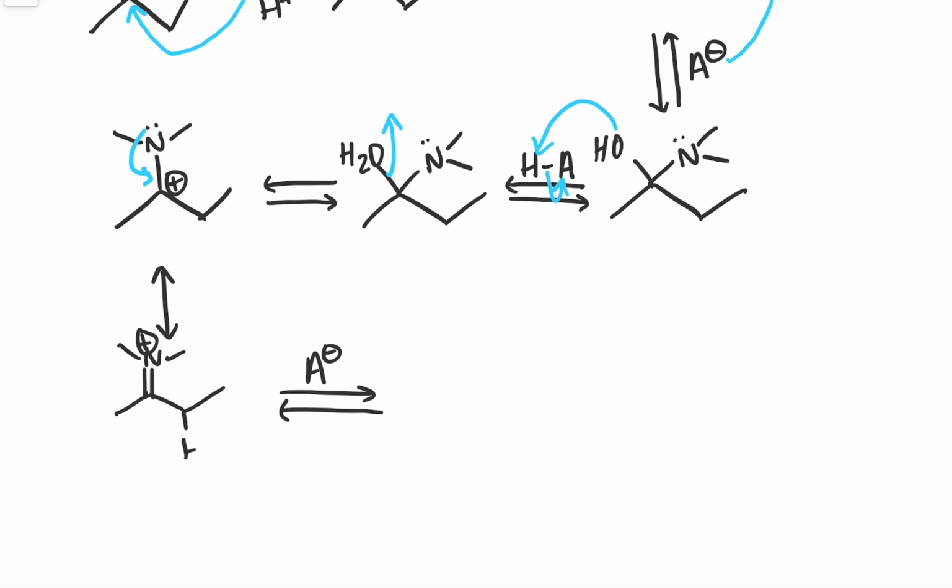So I'm going to take this alpha proton from right here, and our base is going to come and pick that up, allowing the electrons from the carbon-hydrogen bond to form a carbon-carbon double bond, and that is going to push electrons from the carbon-nitrogen double bond back up onto nitrogen. Now, this leaves us with our enamine product.